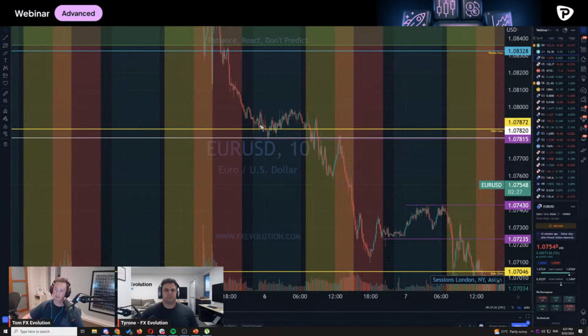So this is the Asian area for a previous day. Then we get, of course, our London period and our New York period, and the market comes down. And then the market, for some reason, chooses to go back up in between the London period and the New York period. And of course, the back end of New York, it comes back.